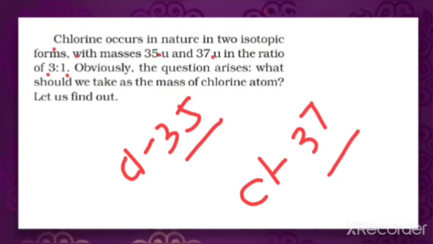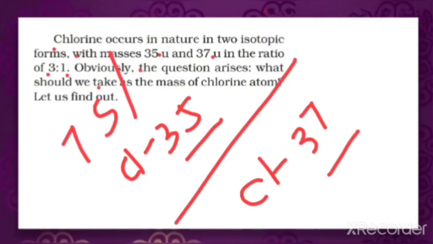A 3:1 ratio means 75% chlorine 35 and 25% chlorine 37 exist in nature.